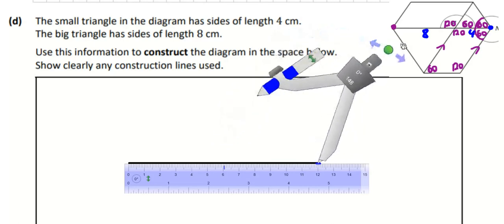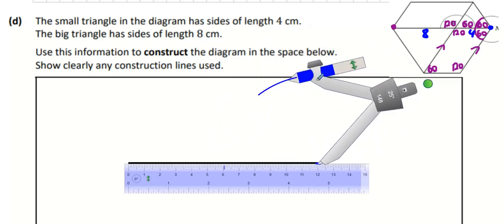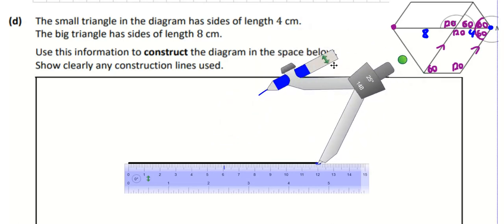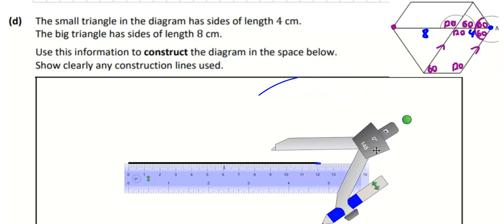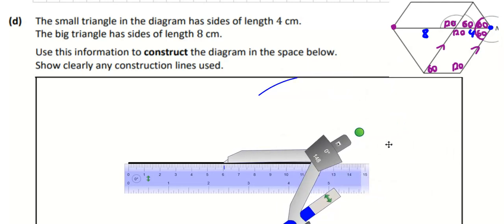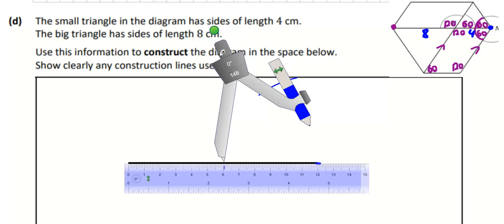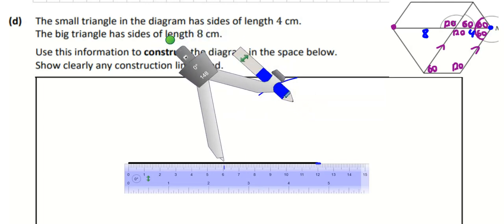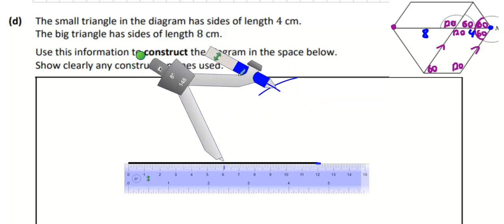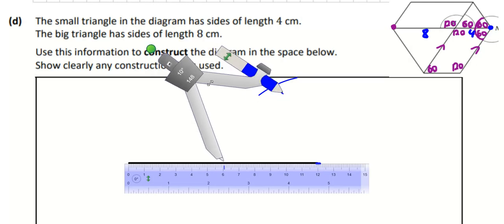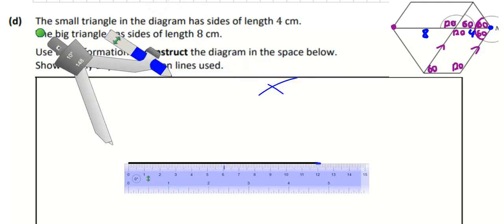Then I'm going to come up here, draw a little arc, then reverse it around and go back up to 6, like so. There we go. See where that mark is made? That is going to be my equilateral triangle. All the angles will be 60 degrees, which is perfect. And then I've got my first 60-degree angle, like so.